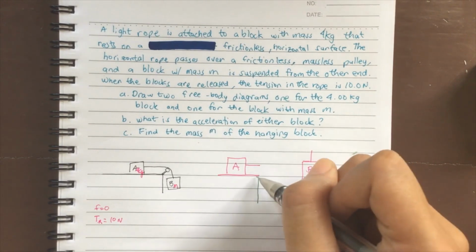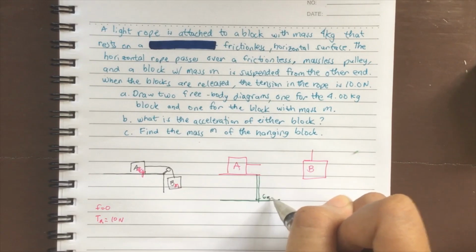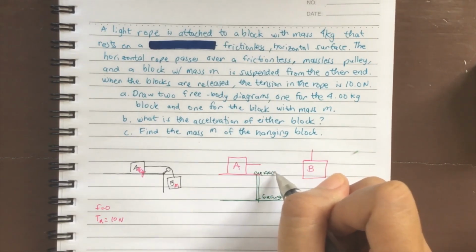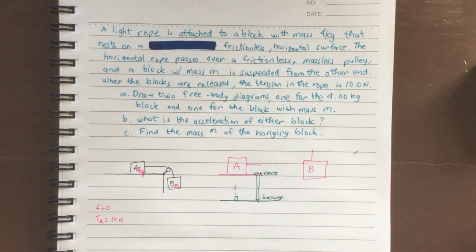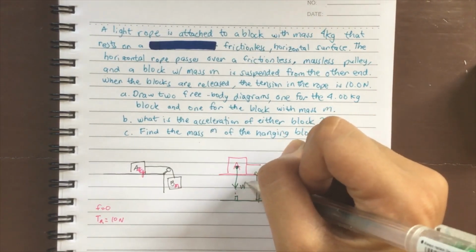So if this is the foot of the surface, here is your ground, and this is your surface. Again, weight is perpendicular to the ground, so this is how you will be drawing your weight.